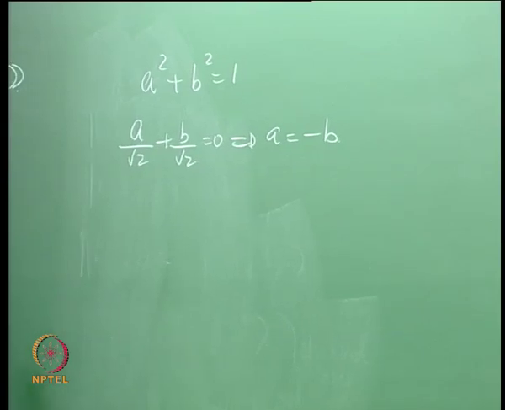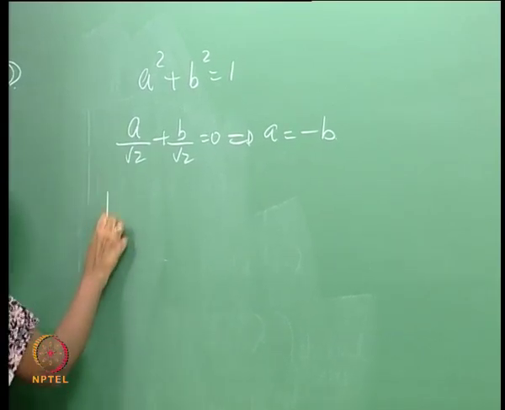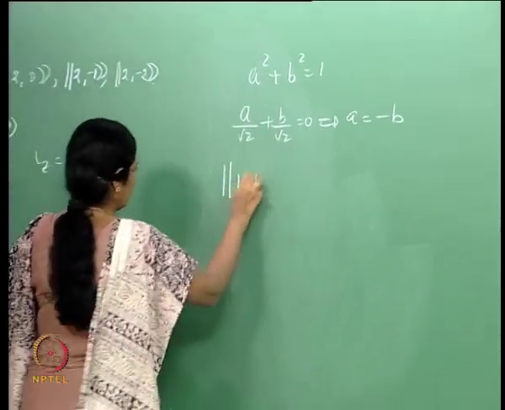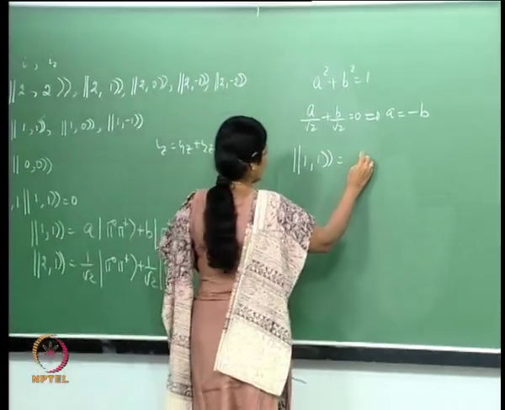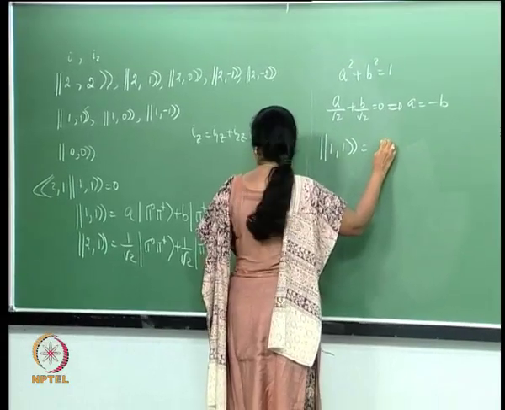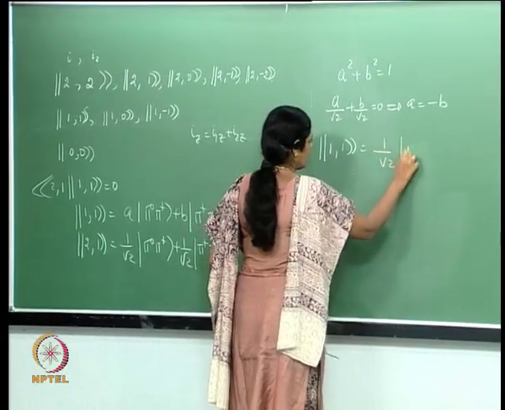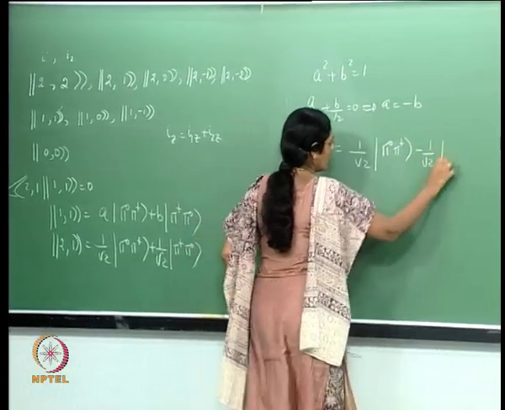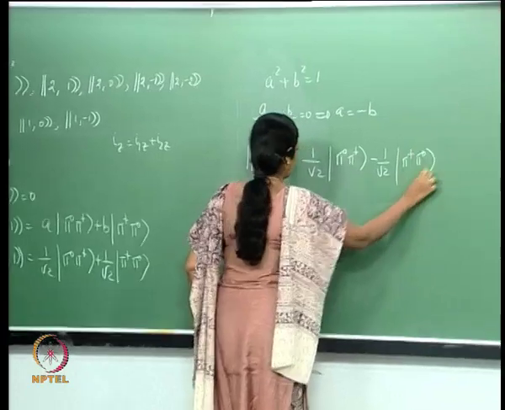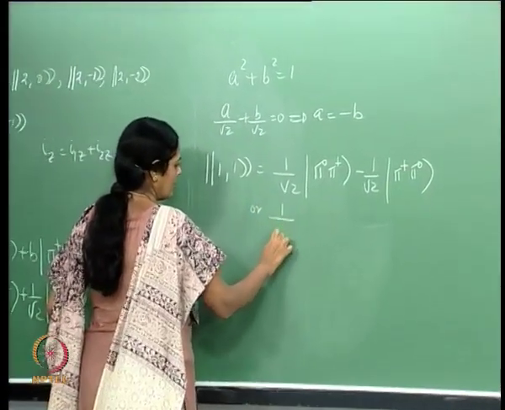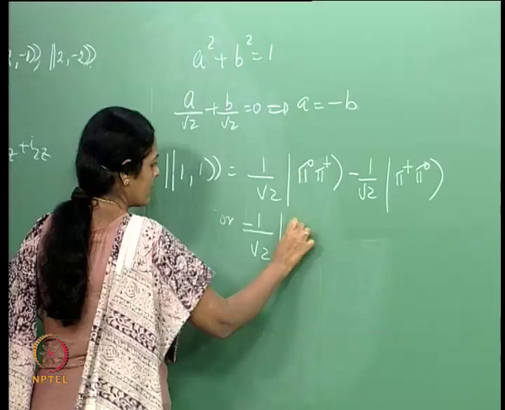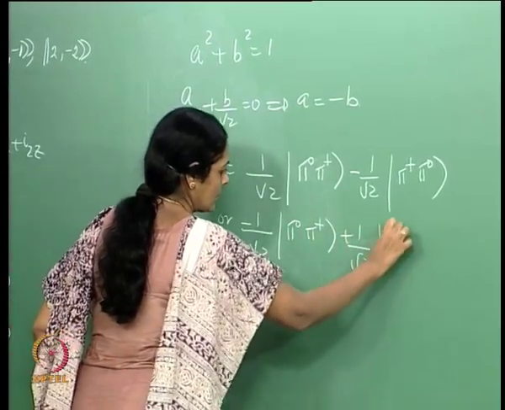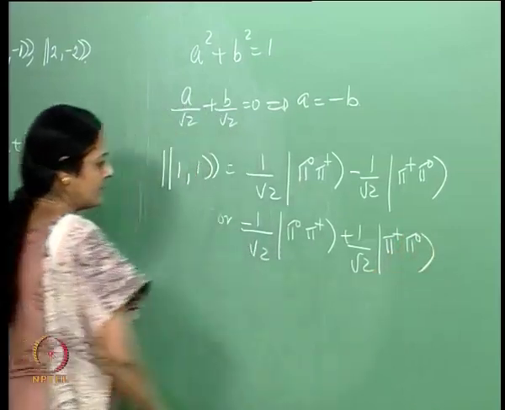I need to use my convention now, so I find that 1 comma 1 could be written as 1 by root 2 pi 0 pi plus minus 1 by root 2 pi plus pi 0, or minus 1 by root 2 pi 0 pi plus plus 1 by root 2 pi plus pi 0. Now both would be all right.